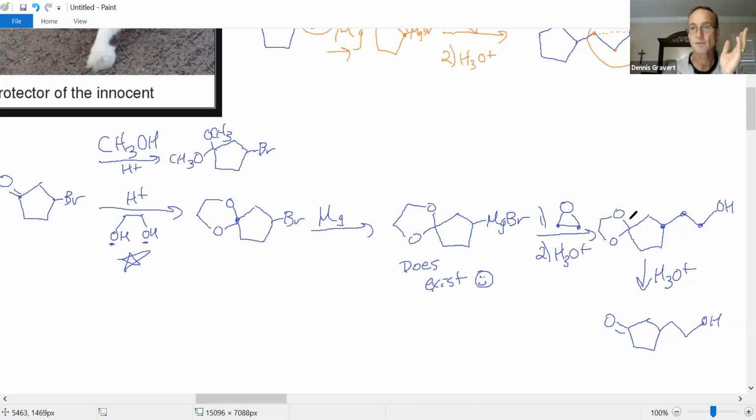Or if you're like, wait, where's my ketone carbon? Where's the acetal? This is the carbon that's linked to two oxygens, right? This carbon's only linked to one oxygen. This carbon, one oxygen. These none. Yeah, this is the one and only carbon that has two of its four bonds to oxygen.